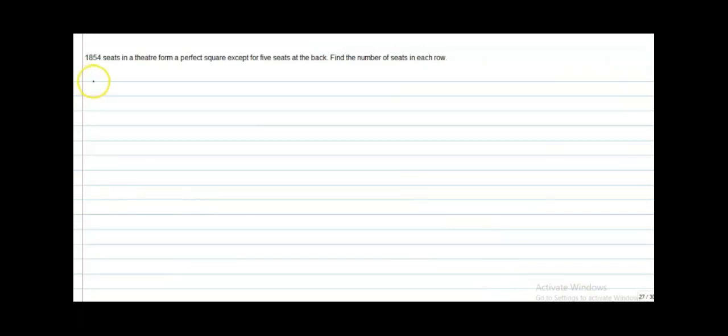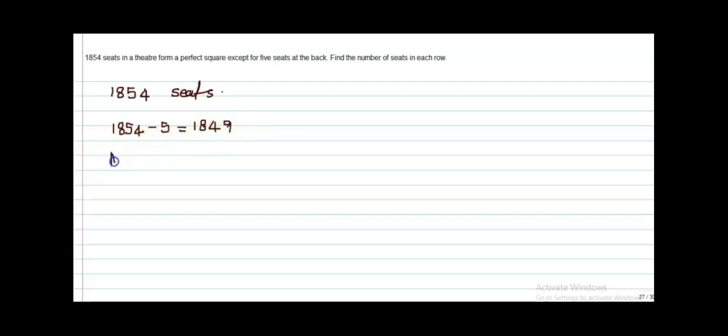1854 seats in a theatre form a perfect square except for 5 seats at the back. Find the number of seats in each row. Okay. In a theatre, there are 1854 seats. Excepting the last 5 seats, the remaining seats form a perfect square. It means 1854 minus 5. We need to remove those 5. So it's going to be 1849.